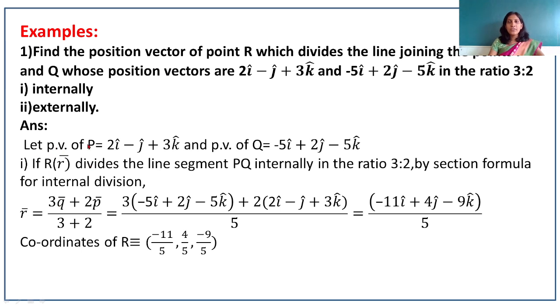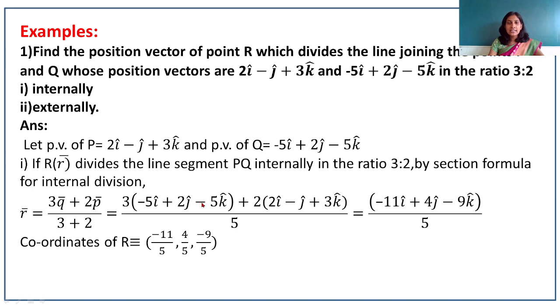First, the position vector of P is given, the position vector of Q is given, and the position vector of R is, suppose, R bar. Then it divides the segment PQ in the ratio 3:2. By the section formula for internal division, R bar is equal to 3Q bar plus 2P bar divided by 3 plus 2.